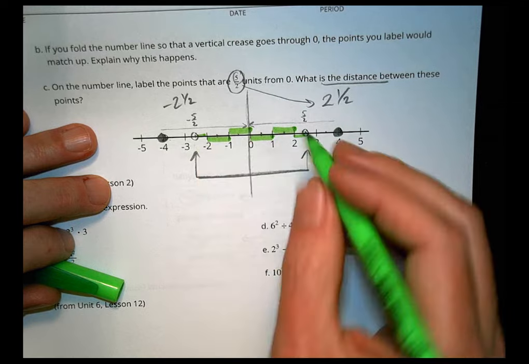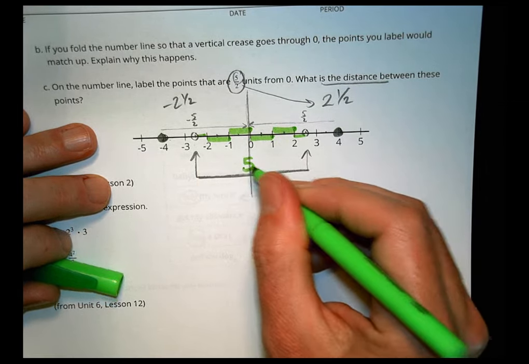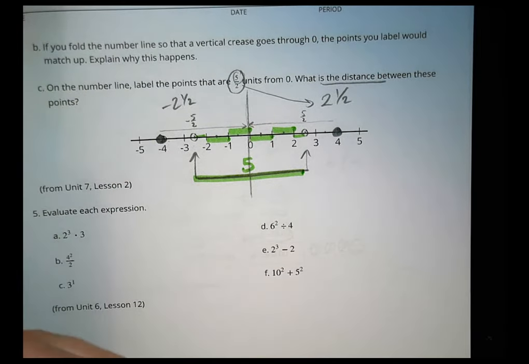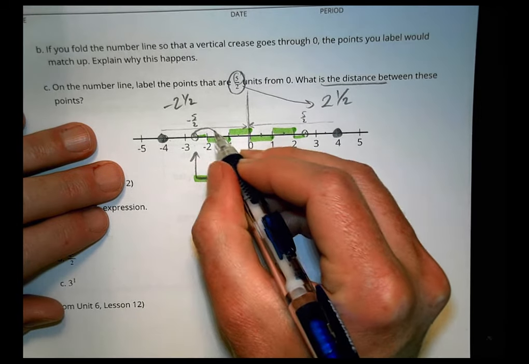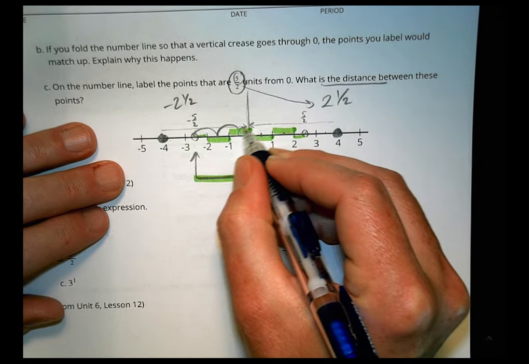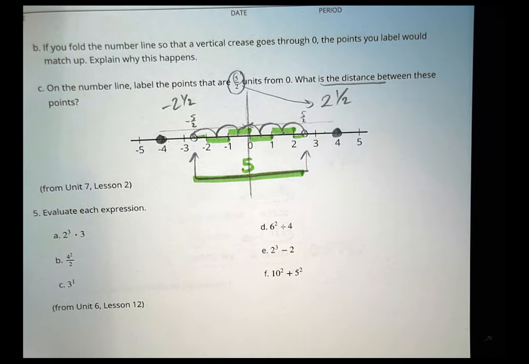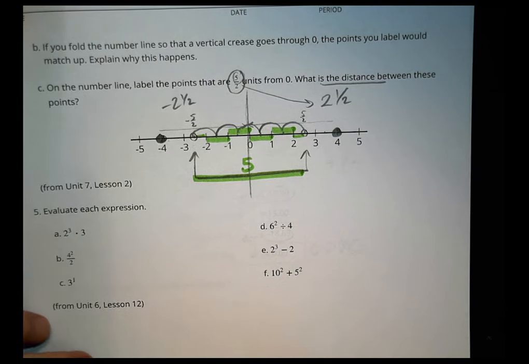Well, the two halves become a whole, so in total I have a distance of 5 units. 5 units from here to here is 5 units. And again, you can see it with a half. If you count it by halves, you'd go 1, 2, 3, 4, 5. And those are my 5 units to show the distance between negative 2.5 and positive 2.5 is 5.